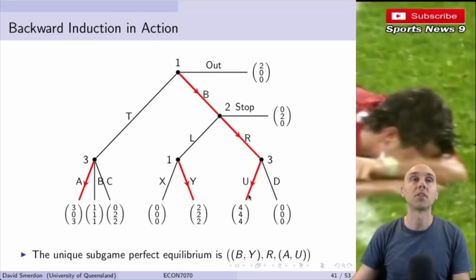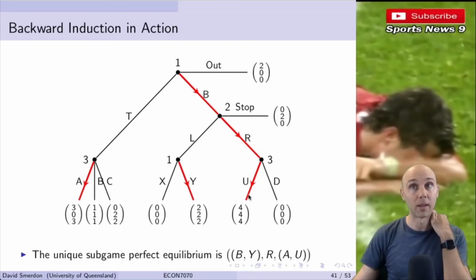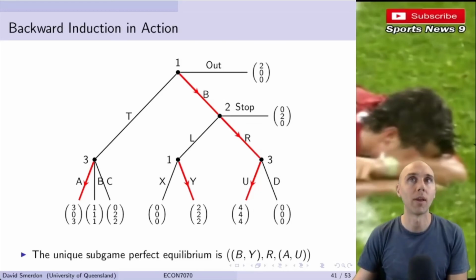Remember, we also need to know what would have been played. And the way that we write what would have been played is we need to say for player 1 what player 1's choices would be at every one of player 1's decision nodes. So this is the first decision node, and this is the second decision node, even if we don't actually get there. So that's what this part here means.